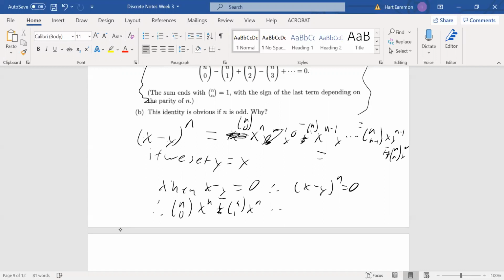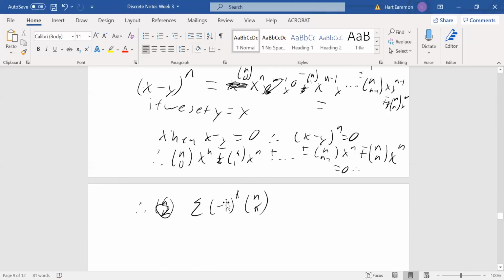And this will be the opposite of that, equal to 0, therefore the alternating sum is going to be equal to 0.